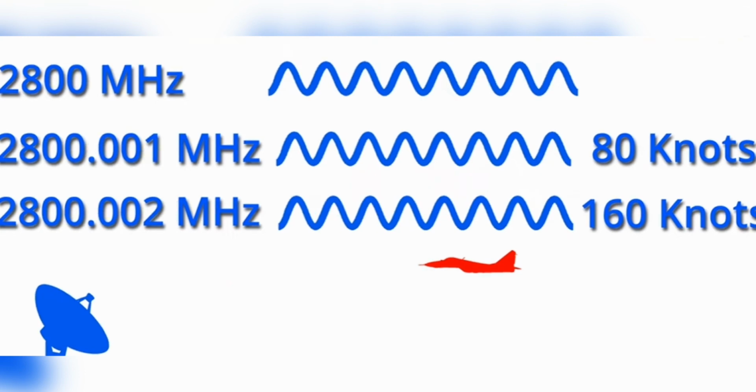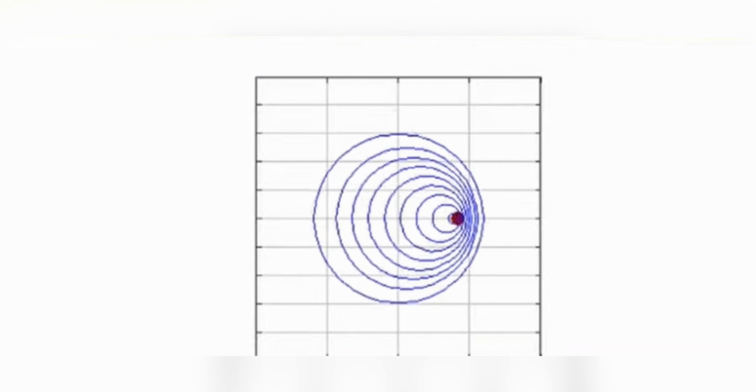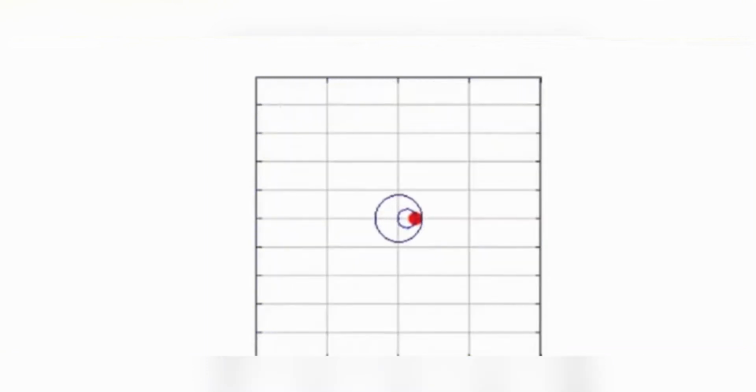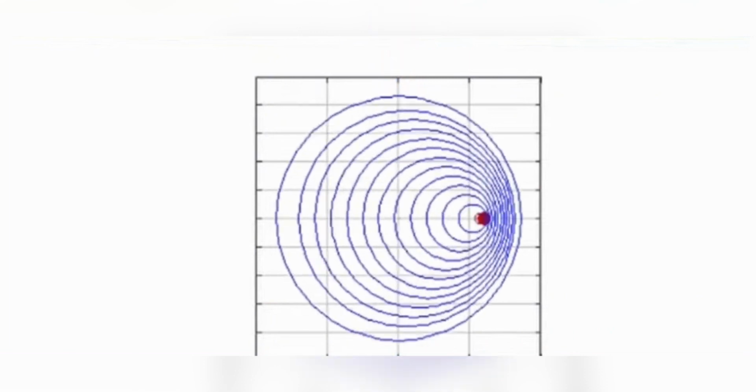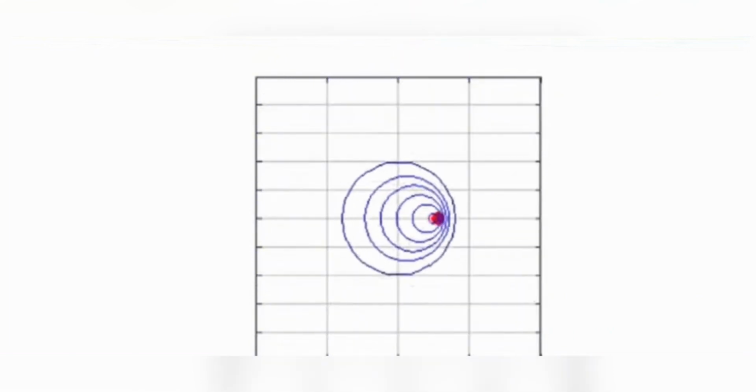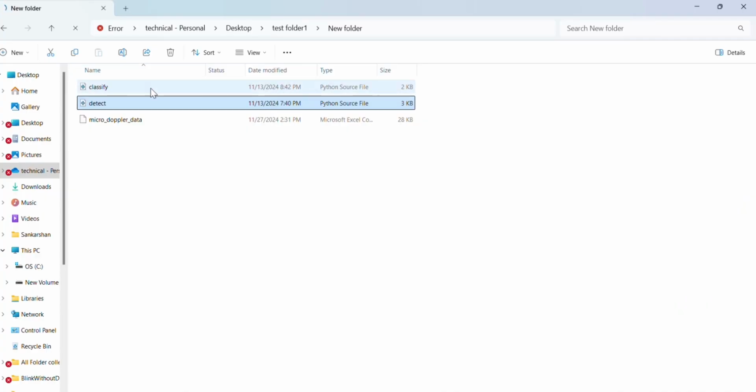So this is how the frequency range is determined, and the radial frequency of the object that is generated is called micro-Doppler signals. These micro-Doppler signals are heat sensitive signals which are used to determine the target objects.